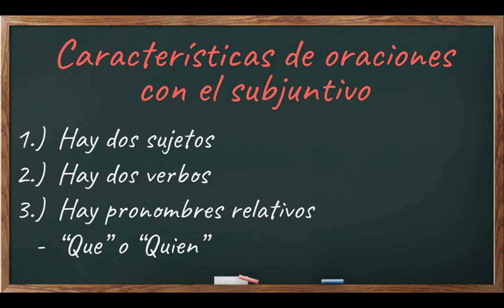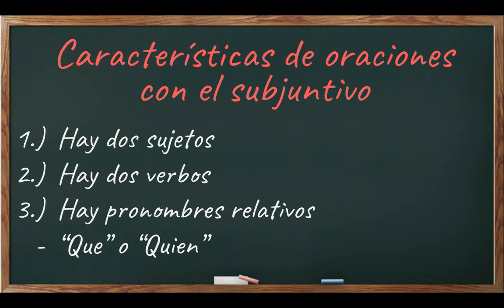Remember, this is an easy checklist to kind of get an idea if something is likely to be in the subjunctive. So, número 1, hay dos sujetos. There's 2 subjects, yo and tú. Yo ojalá que tú vayas a la playa. Número 2, hay dos verbos. If you were to use that sentence, it would be, what did I say?